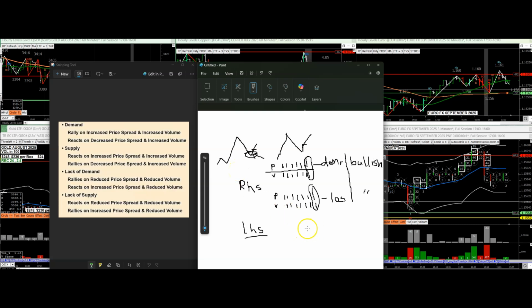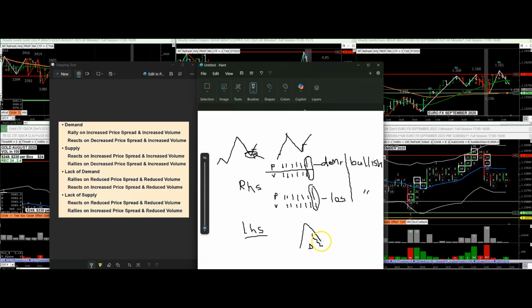So price is rallying, pulling back, and I want to be alerted somewhere here that there is demand coming in. I don't want to wait for the pivot. I want proof and evidence that demand is stepping in. As it's stepping in, I might just take the pullback even before the reversal.